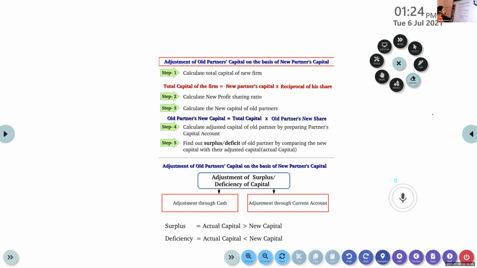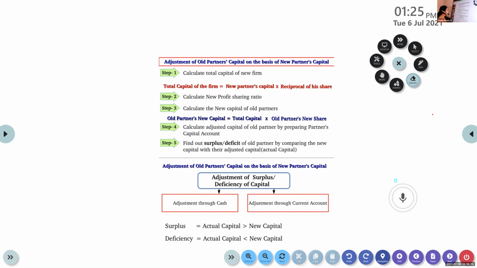Now, the second step is to find out the new profit sharing ratio. We know how to find the new profit sharing ratio: old ratio minus sacrificing ratio. And we have done so many problems regarding the calculation of new profit sharing ratio. Now the third one, calculate new capital of old partners.